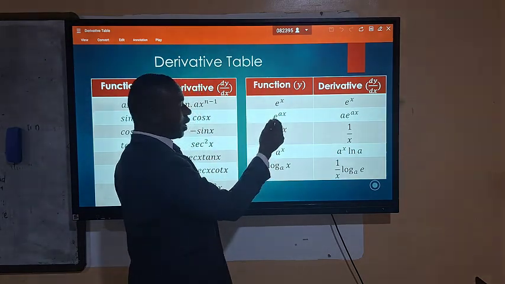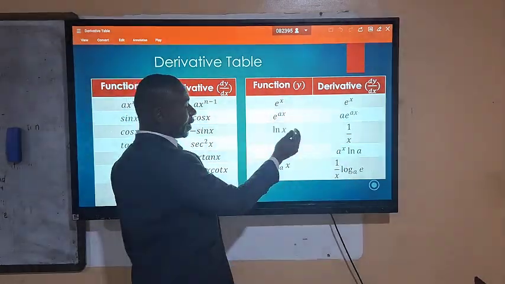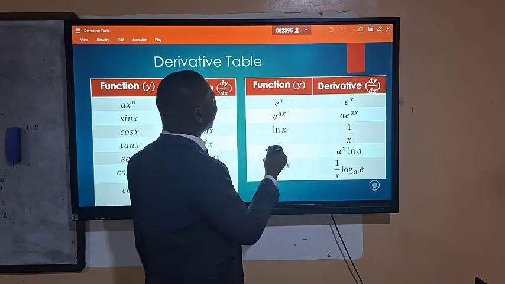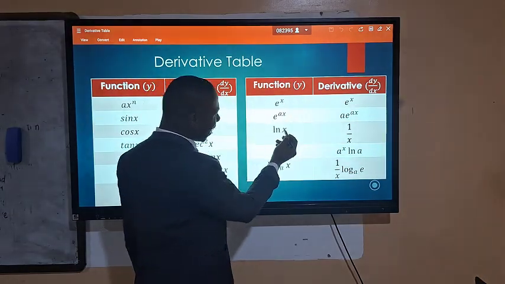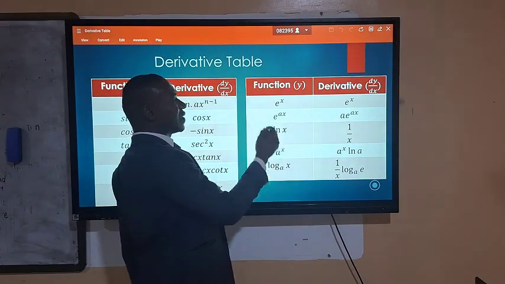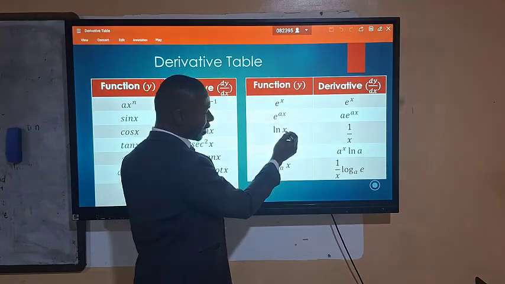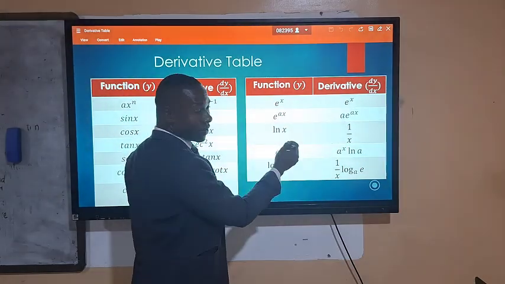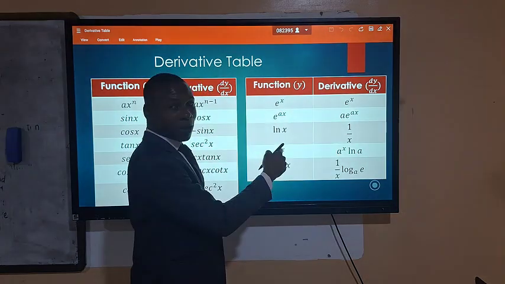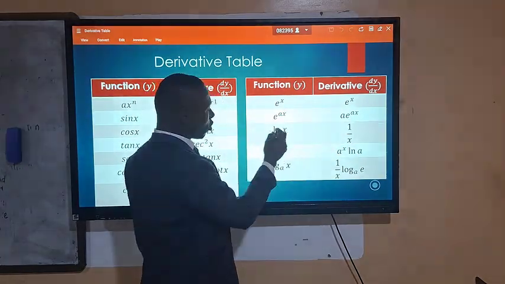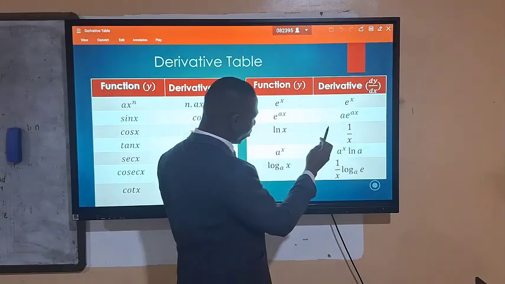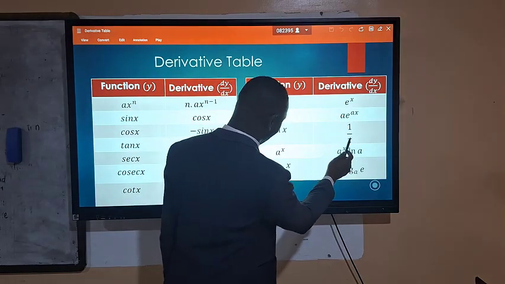When you are given a ln function, ln x is the natural logarithm of x. So ln x is the same thing as writing log x to base e. Logarithm of numbers to base e. That's the meaning of ln of that number. So when you differentiate ln x, what you get is 1 over x.